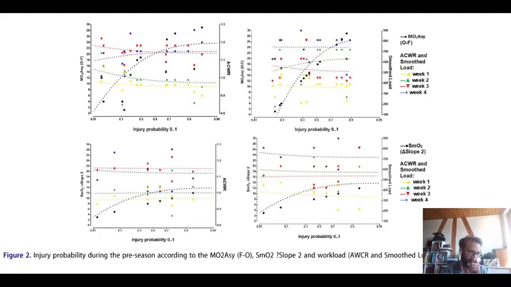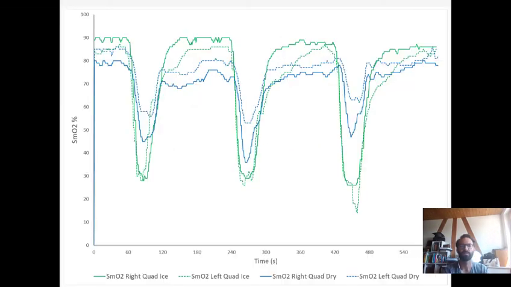I thought I would add some data that I've collected with hockey players after a knee injury. We looked at right and left quad differences in maximum intensity 30-second bouts, and we did it on the ice, so they do sprints, or dry land. Dry land was essentially body weight squats, pretty high intensity squats, which they would do for 30 seconds.